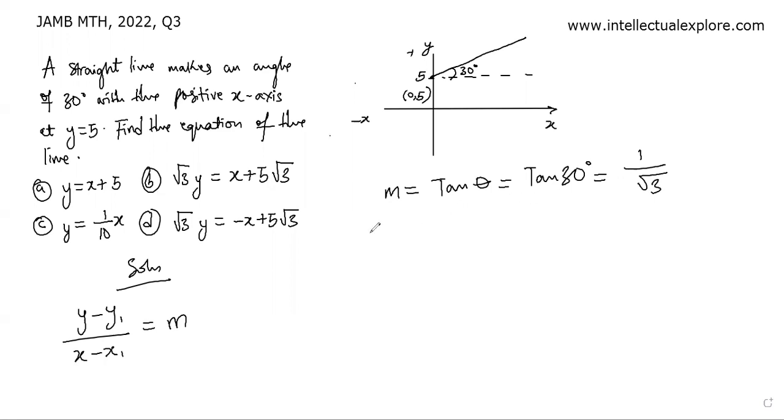So our tan 30 is 1 over root 3. Therefore, our gradient, represented with the letter m, equals what? 1 over root 3. So we plug this into this standard form of finding the gradient of a straight line in a graph.